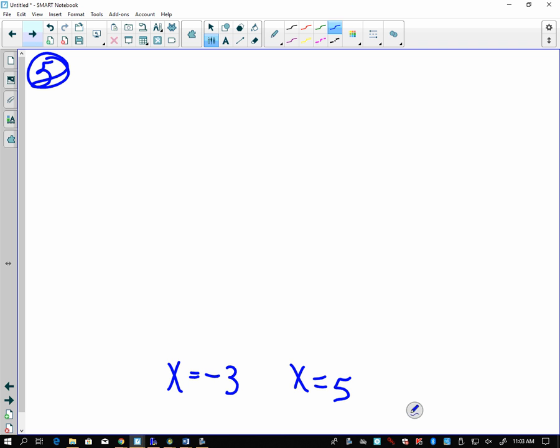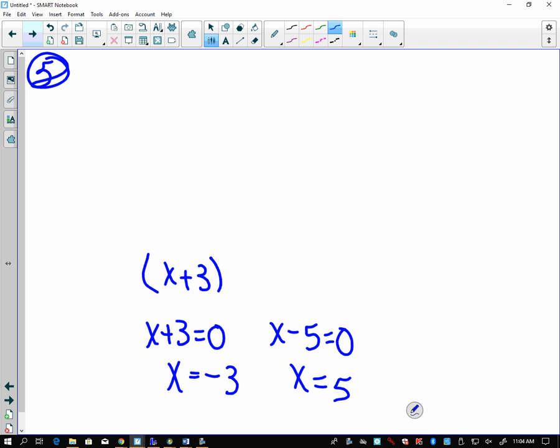So in this case, I would add 3 to get it over. That would give me x plus 3 equals 0. This would give me x minus 5 equals 0. Does that make sense? Okay, right, then I'm going to take my x plus 3 and my x minus 5, right? And we can see how this would work itself back down to the solution, x equals negative 3, x equals 5.